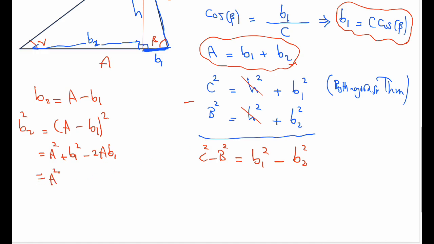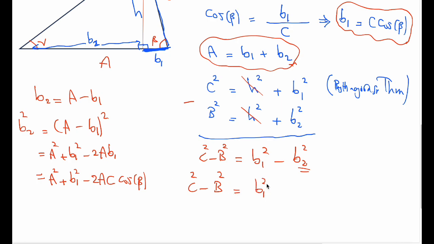So this will be a square plus b1 square, which is c square cosine square beta, but let's keep it as is for now because it will cancel out later, minus 2 times a times b1, which is c cosine beta. Substituting this b2 in the equation, we get c square minus b square equal to b1 square minus the whole thing here.